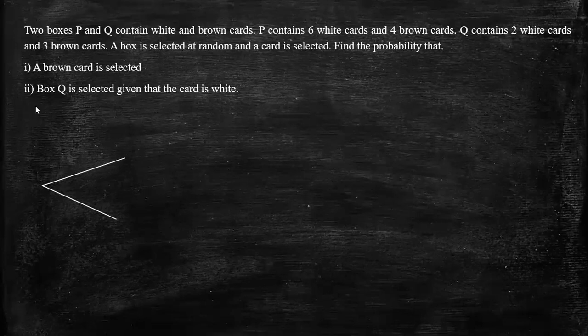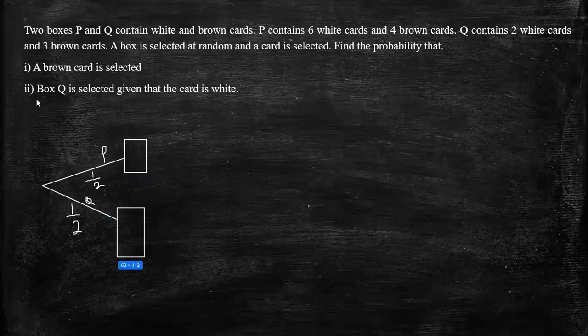So if this is P, if they have not given us a condition, the probability is a half. Then this would be Q, the probability is also a half. Then we draw what is in P and what is in Q.